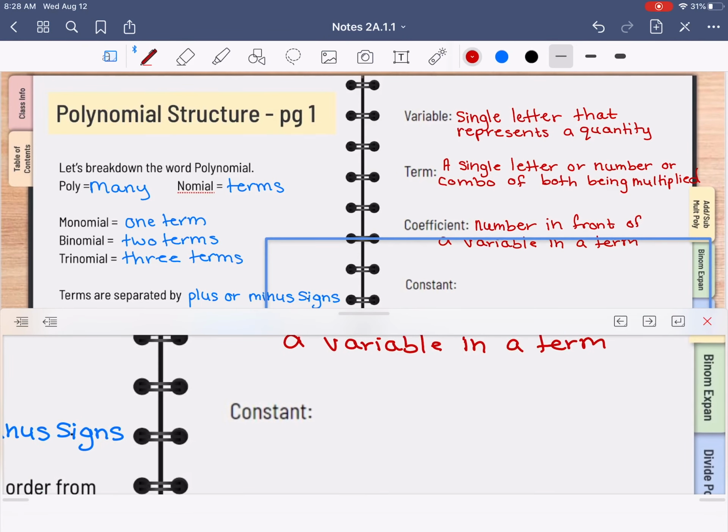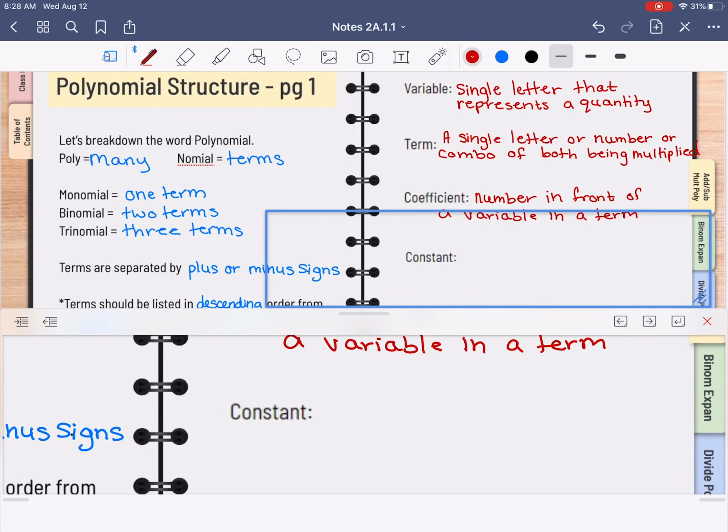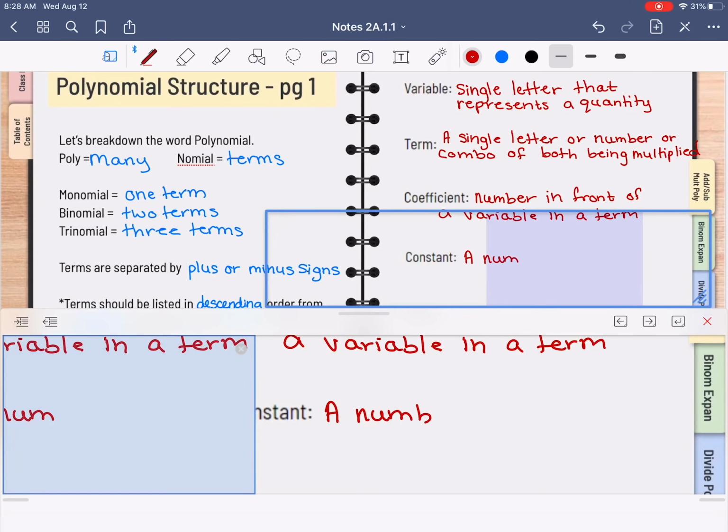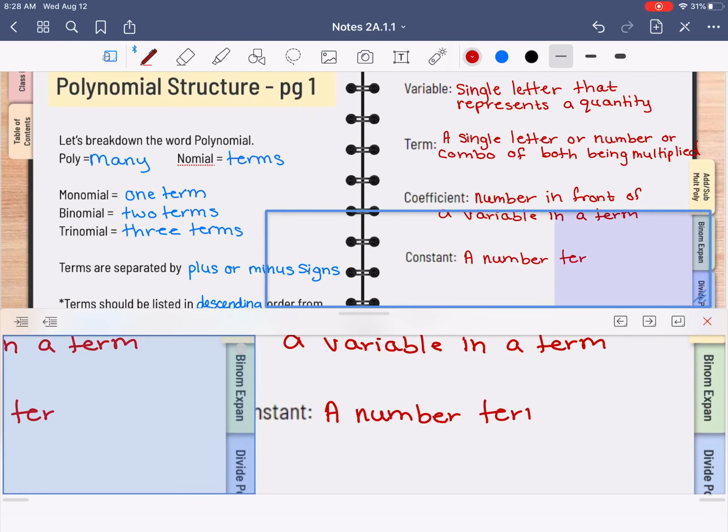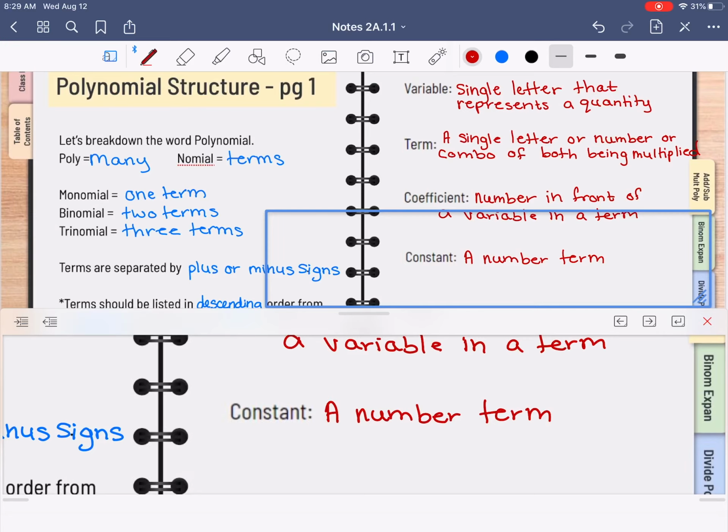The next thing is a constant. A constant means it's never changing. That means it's just a single number term, so no variable attached. If it was just the number 5, we call that a constant.